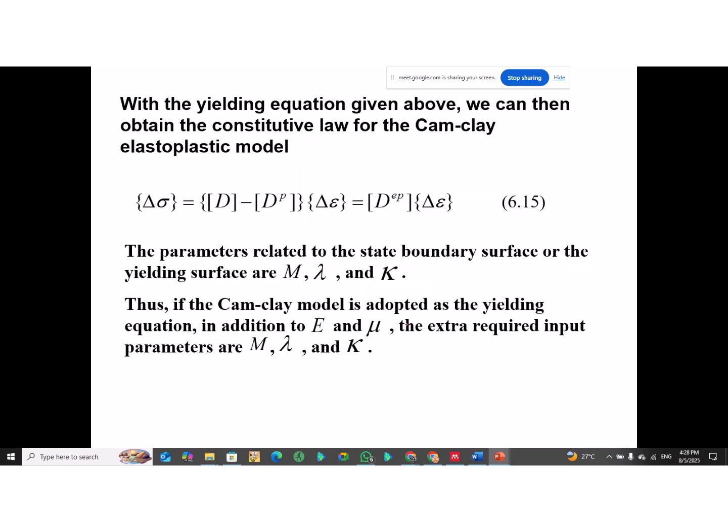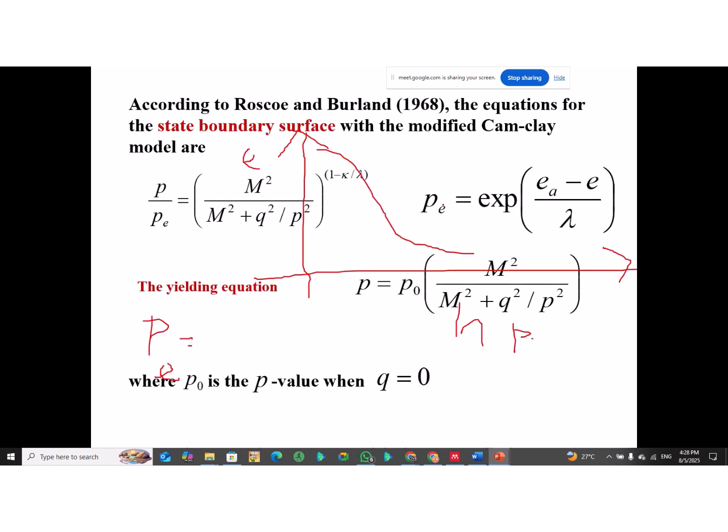What I wanted to explain is the PE. So you know this curve, and then remember EA. EA is when P is 1. So when this value is 1, then you have EA. That specific value becomes EA.